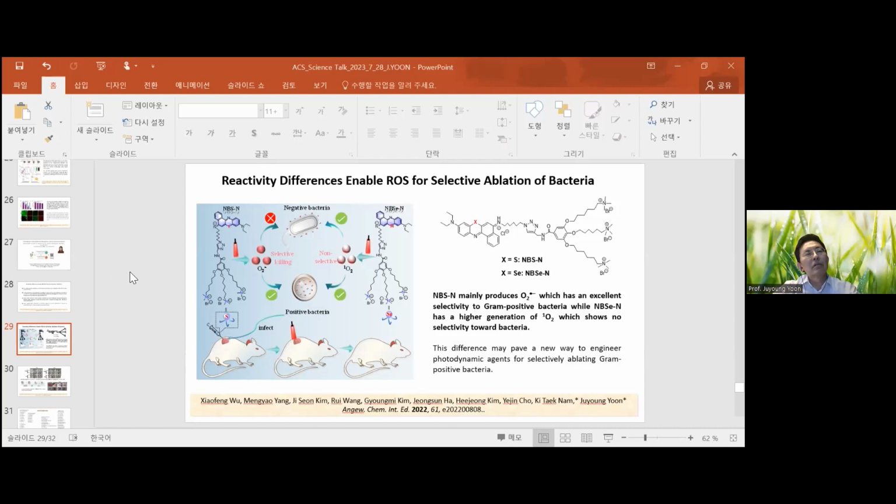On the other hand, two-photon probes or two-photon photosensitizers for PDT. I'm not quite sure exactly which core is the best for the purpose. But the fluorescent-based one is already FDA approved.